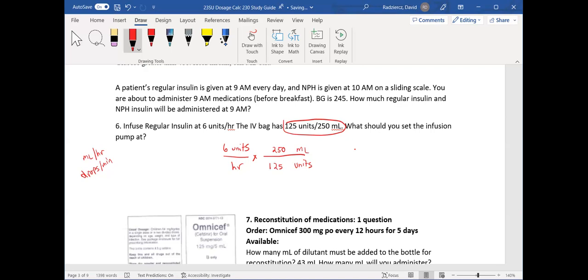But I find that it might be beneficial to write it out, as much as you might hate it, the way I'm writing it out. That way you can see what's being canceled and what's left over after you cancel. And for this question, you would take 6 times 250 divided by 125, and you're going to get 12 units per hour, or sorry, 12 milliliters per hour.